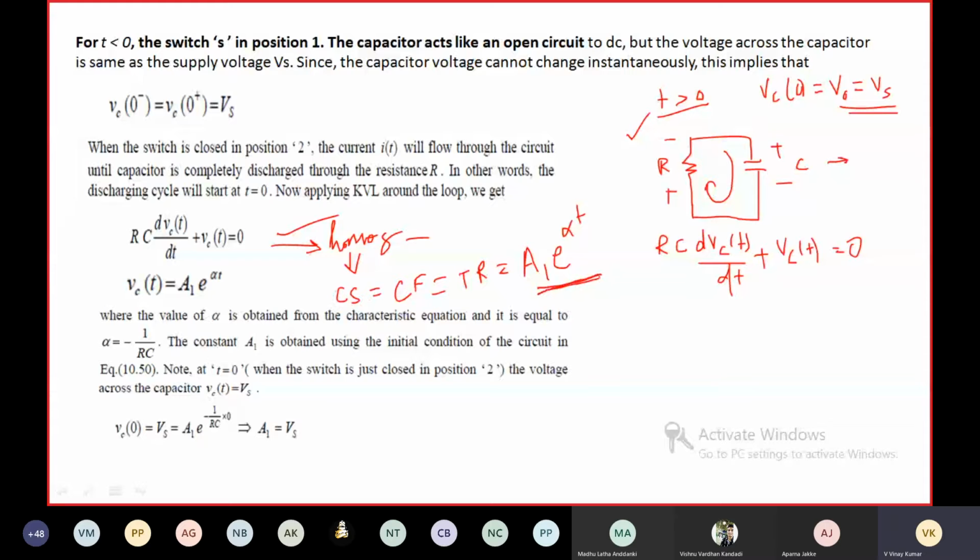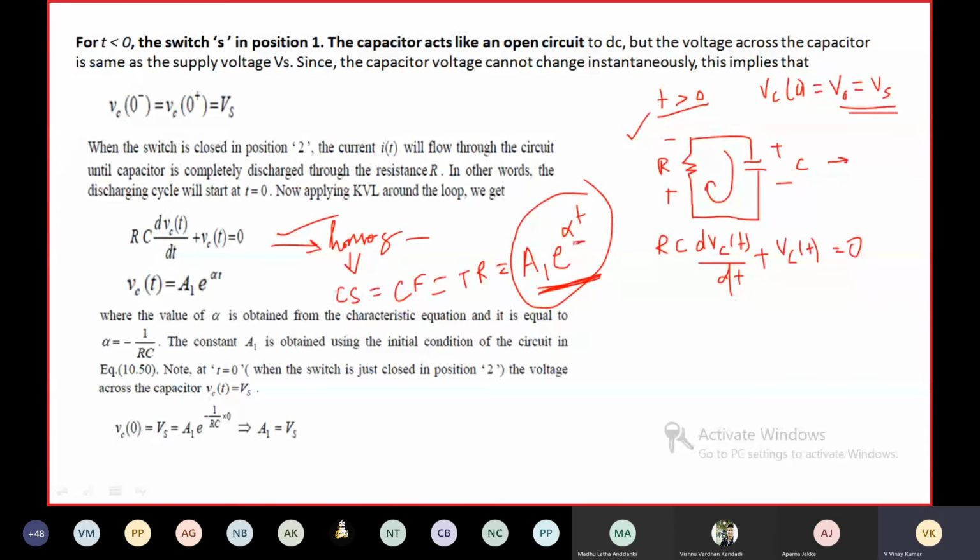For a source free RC circuit, this will be the solution. You only have the transient response; the steady state response becomes zero. So here the complete solution is equal to A1 e power alpha t.